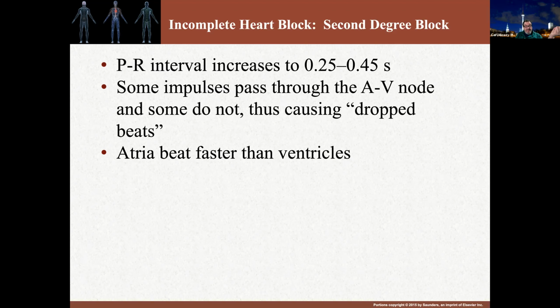The signs and symptoms, again, vary, since those experiencing type 1 will be more likely to be asymptomatic than those who have type 2 second degree AV block. Those with type 1 typically experience irregularities in heart rate, while those with type 2 experience not only the irregularities, but bradycardia and syncope as well.